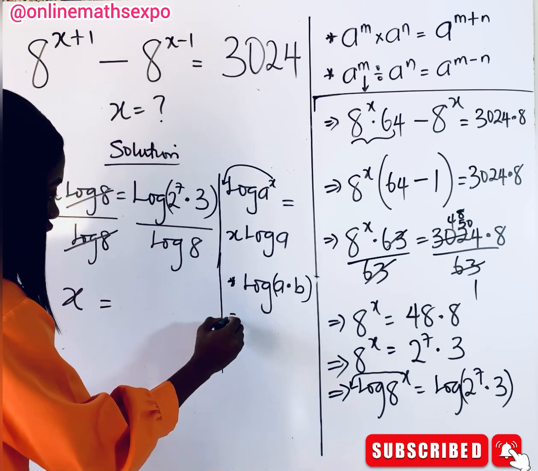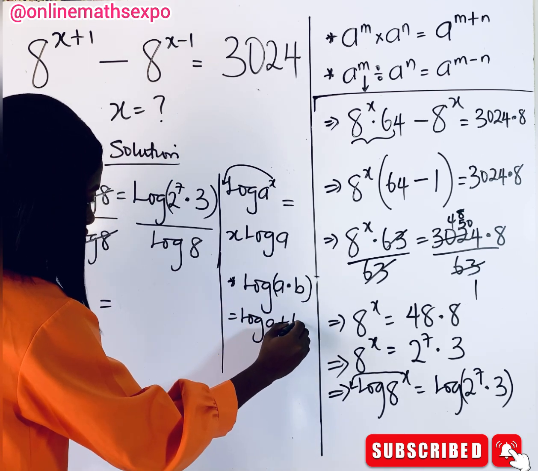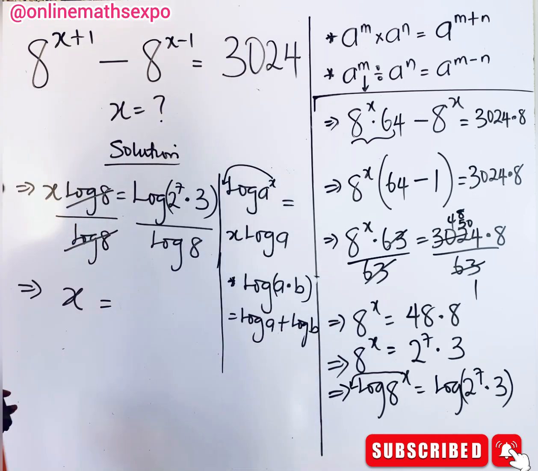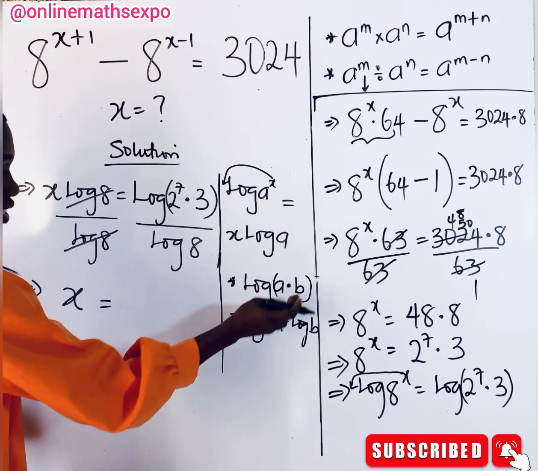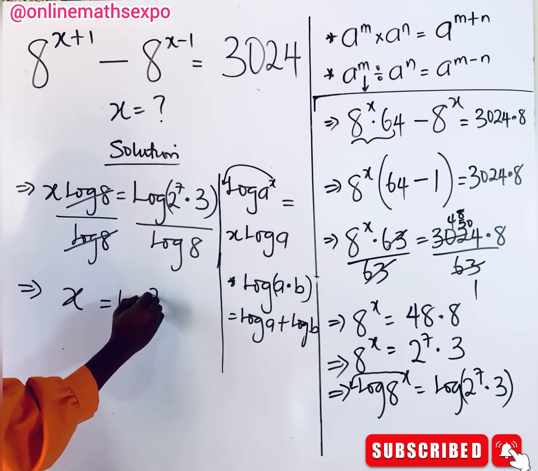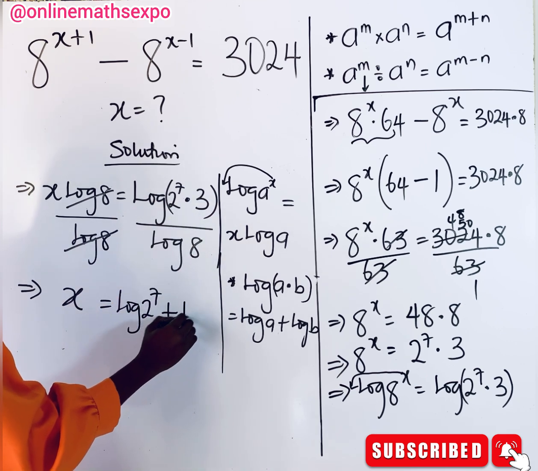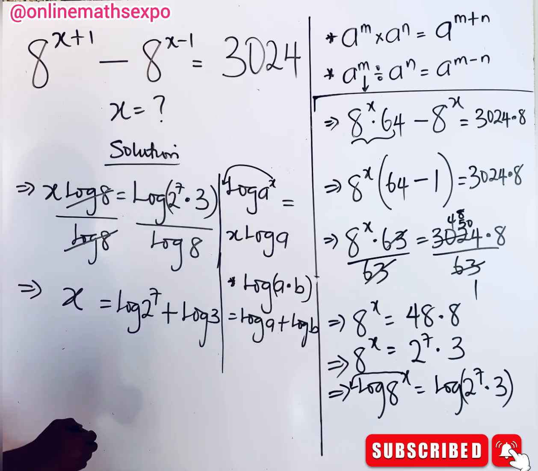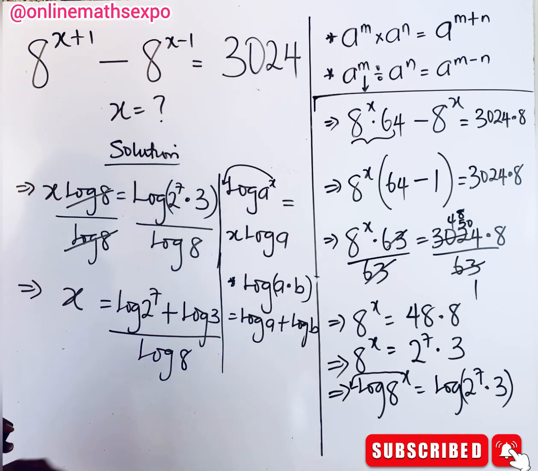What does it mean? It means log of a, this multiplication turns to addition. Okay, so this is what you have. So what do you do here? For this, we are going to apply this here. So we're going to have log of 2 to the power of 7. Then this multiplication will turn to addition. So we have log of 3 all over log of 8. I hope you are still with me there.